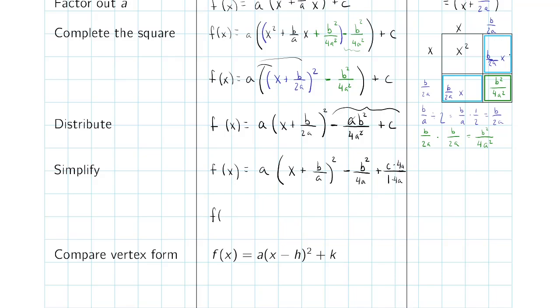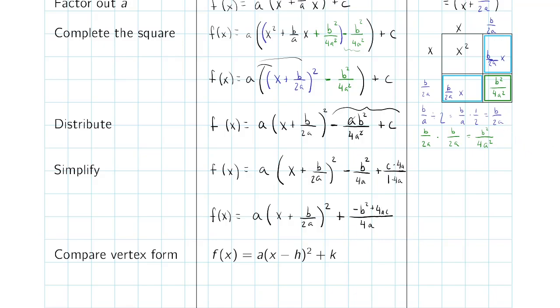F of x is a times x plus b over 2a squared plus, denominator 4a, numerator negative b squared plus 4ac.